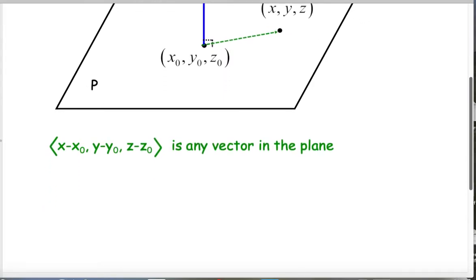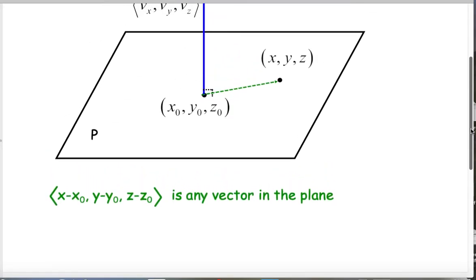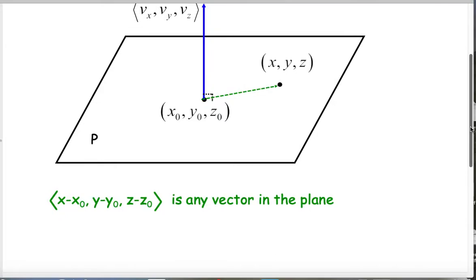So if I take the blue vector, it's off the screen here, there it is. And let's do this in red, I guess.